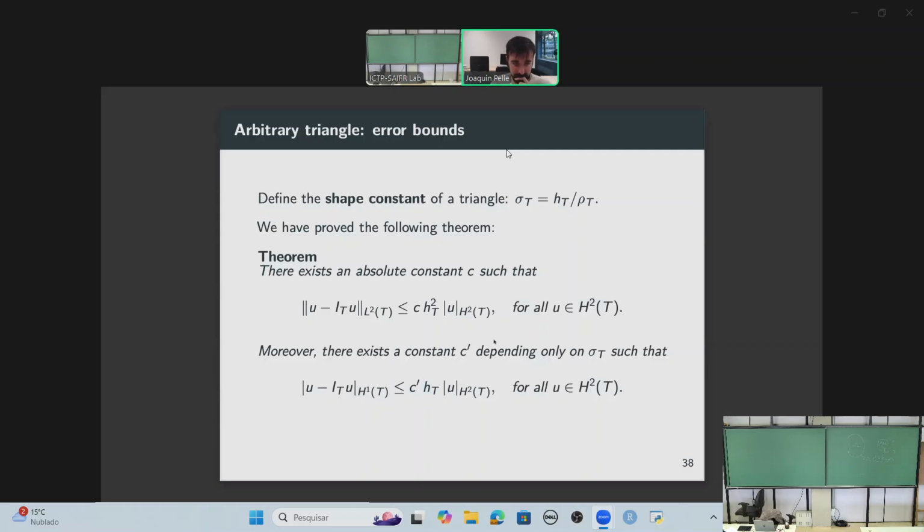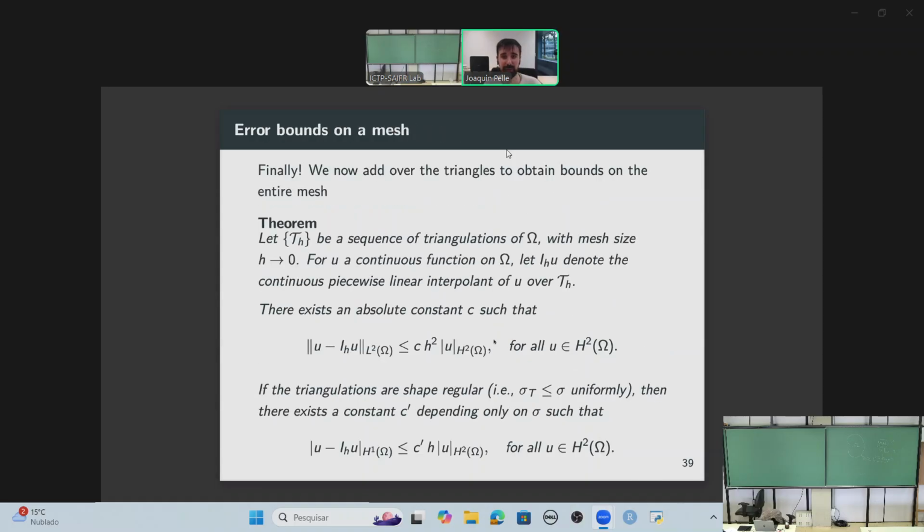And so yeah, now finally, this is the result essentially of the corollary applied to the physical triangles, individual triangles of our mesh. And now we are finally in a position to put everything together, just simply adding over the triangles.